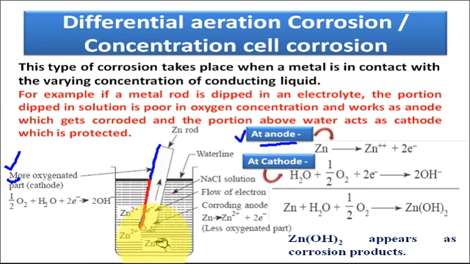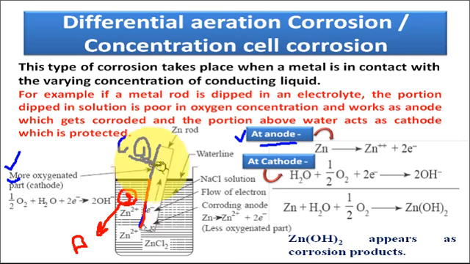So here, due to the different concentrations of oxygen or air, the metal surface becomes chemically non-uniform. The less oxygenated part will behave as the anode, while the more oxygenated part of the metal surface will behave as the cathode.